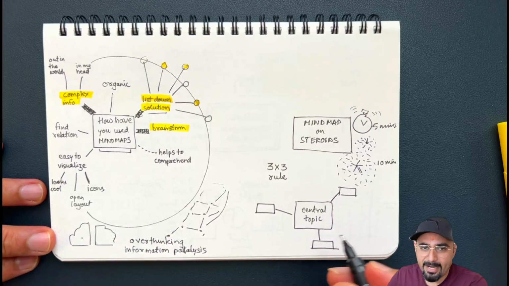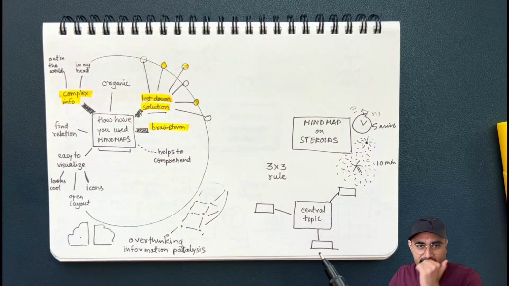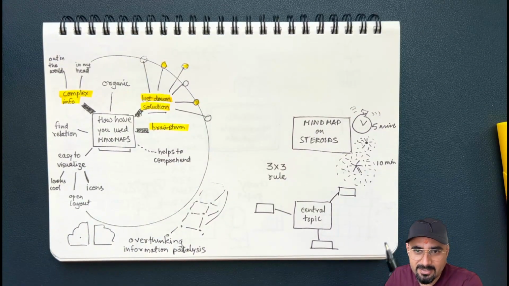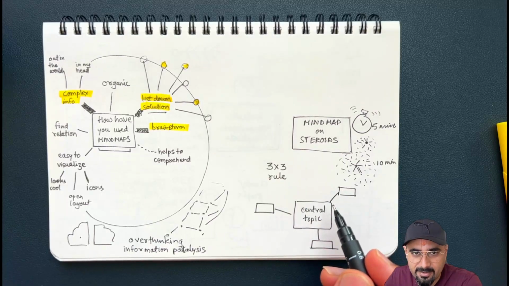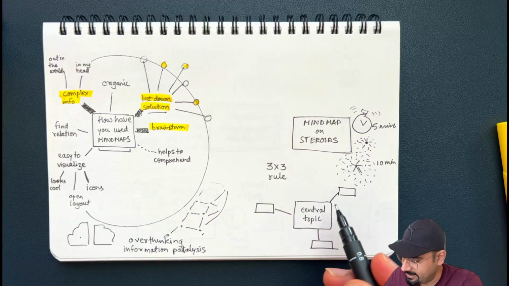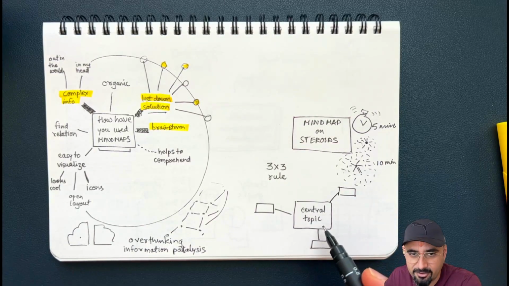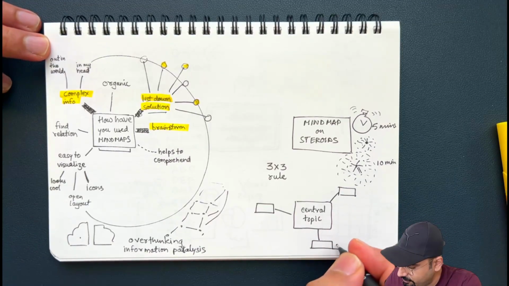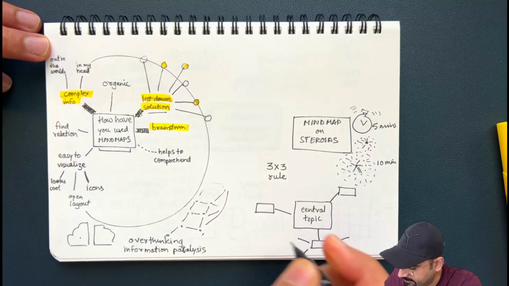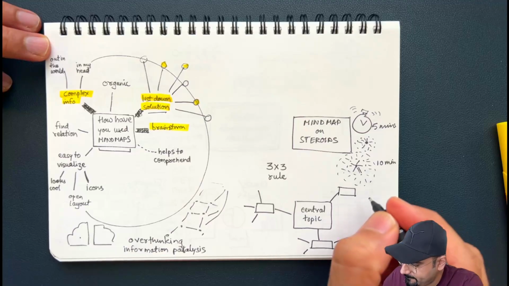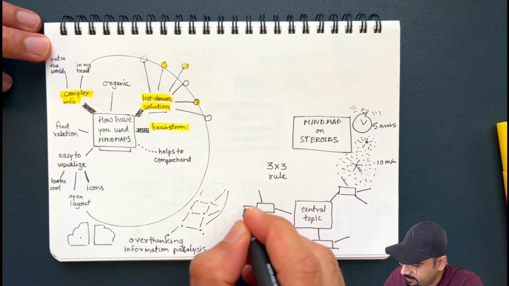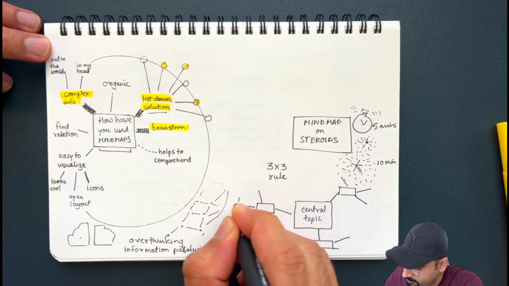Okay, it might require a little bit of thinking, but that's okay. What comes on the paper is something that is very strongly related to the central topic, and from there also you can go 3 by 3. And again from that point you again go 3 by 3.